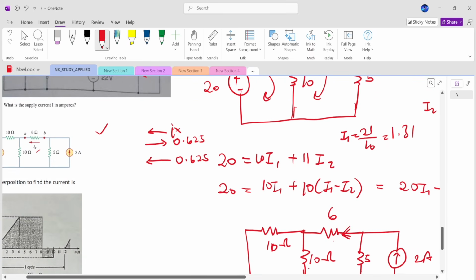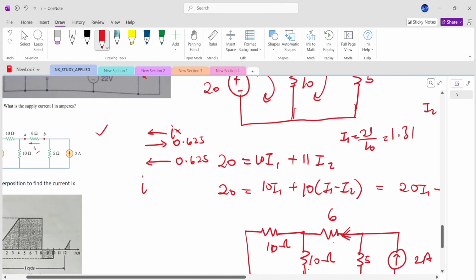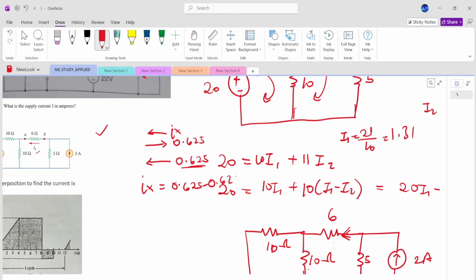So if we want to find Ix, it's going to be the value going in the same direction as Ix, 0.625, minus this one, which is going in the opposite direction. That's why you have a minus value, which is 0.625. So at the end of the day, Ix is actually 0 amps according to this question.